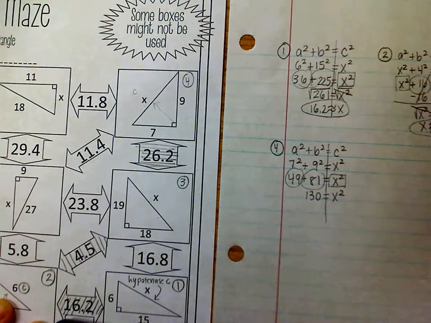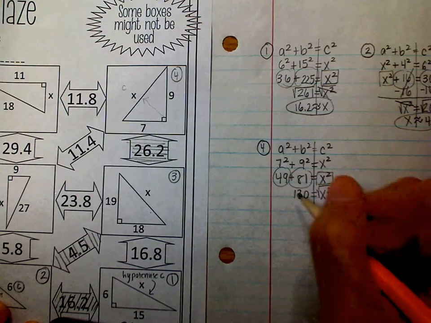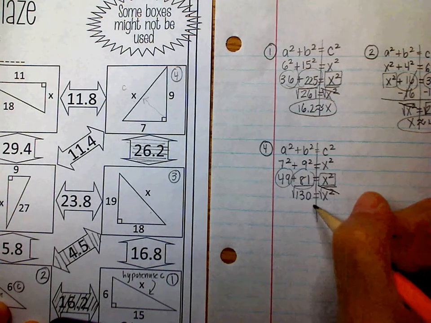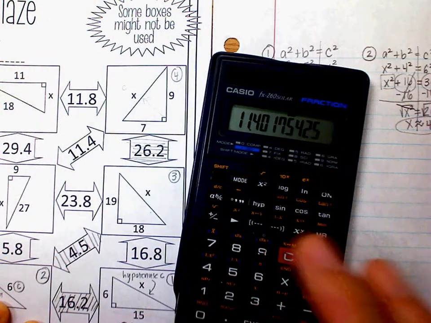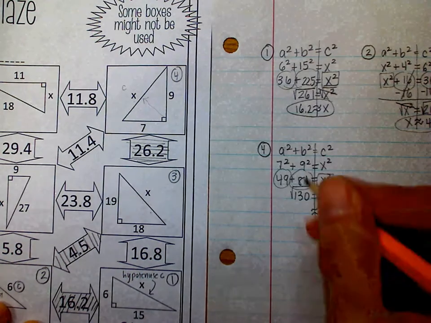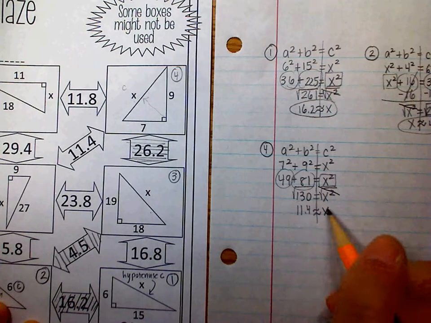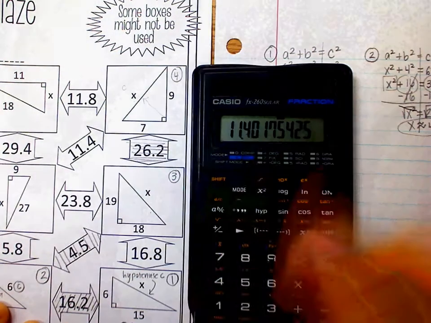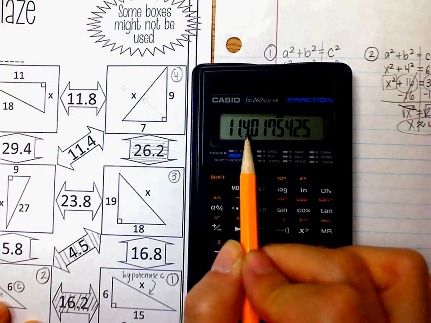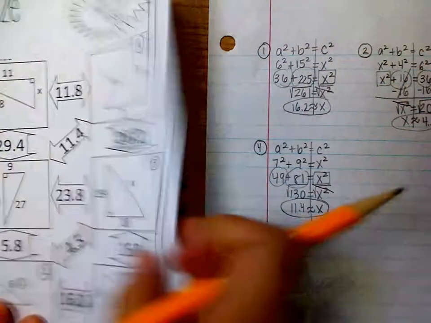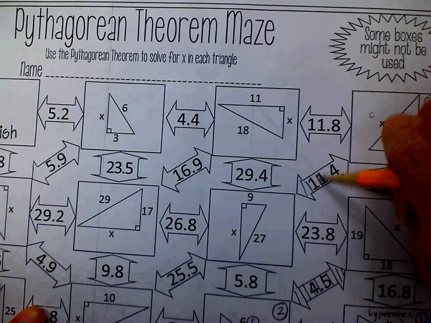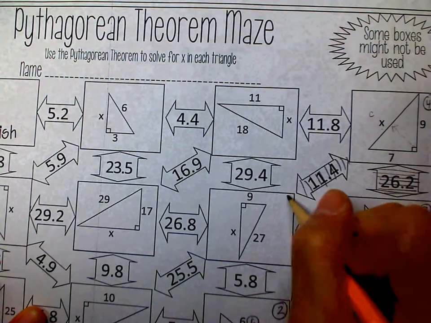Square root the x squared, square root 130, and you get x is approximately equal to 11.4. And the reason it stayed 11.4 is because the 0 tells the 4 to stay, so it doesn't go up. Okay, and 11.4 is taking us in this direction, so I'm now at this problem.